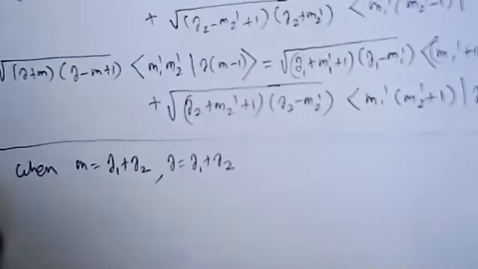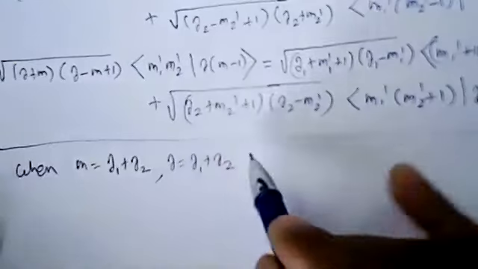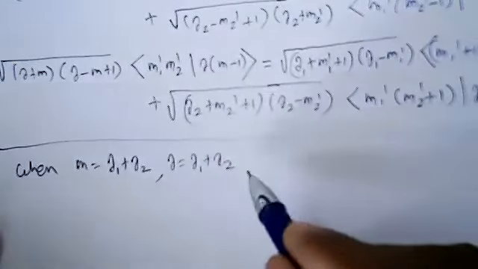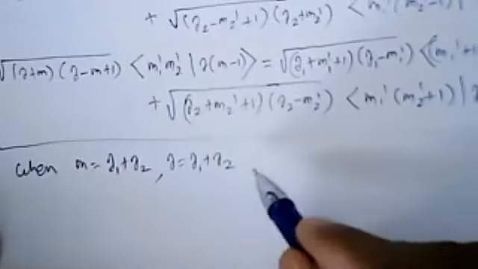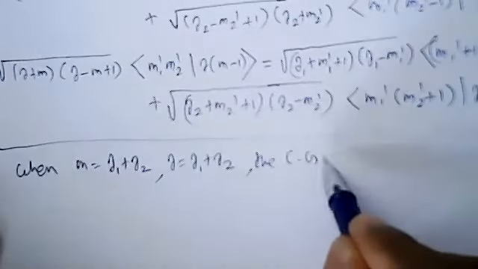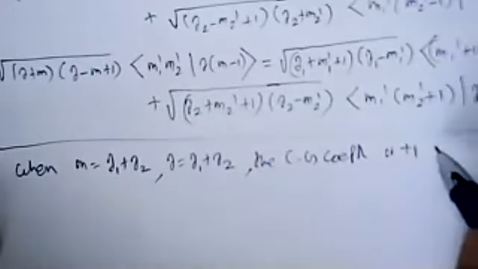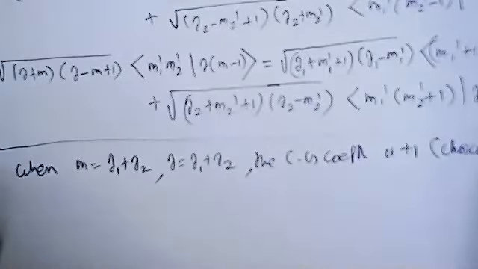So the unitary transformation becomes an orthogonal transformation. For this case, we don't have to think too much; the Clebsch-Gordan coefficient is 1.